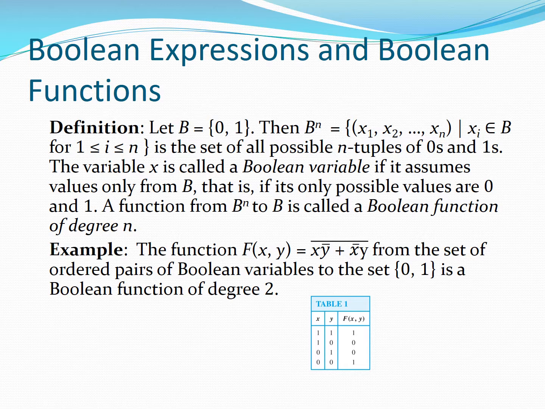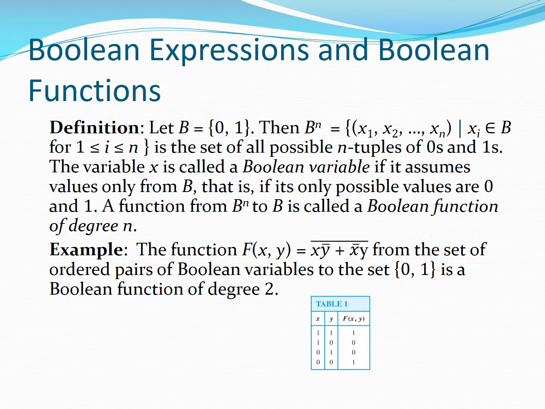All right, so now that we know what values a Boolean alphabet can take, that is only 0 and 1, now let's go on and try to understand what a Boolean expression is and what a Boolean function is. All right, so you can think of a Boolean expression as an n tuple, basically containing n values, and each of these values can take a value from the Boolean alphabet B. Right?